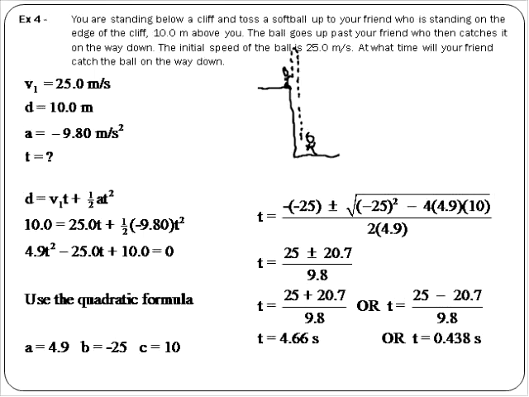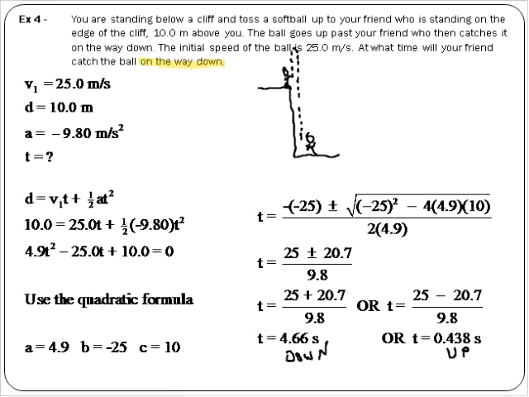Well, here's the key right here. The key to this question is the ball is caught on the way down. If he misses it on the way up, well, on the way up, that was this time, look. This was on the way up. This was on the way down.